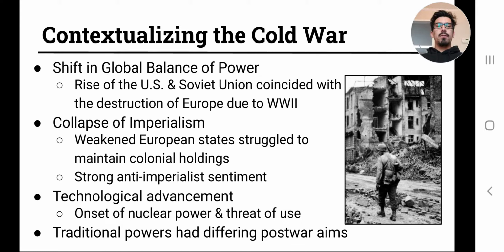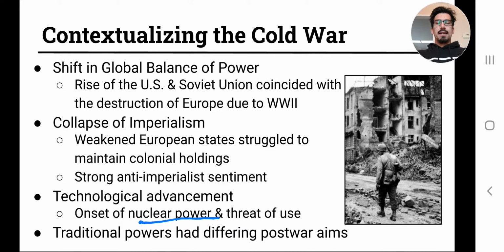And then obviously one of the really big aspects is the onset of nuclear power and the threat of the use of nuclear power. So the US drops two atomic bombs on Japan, the only bombs to be used in warfare.